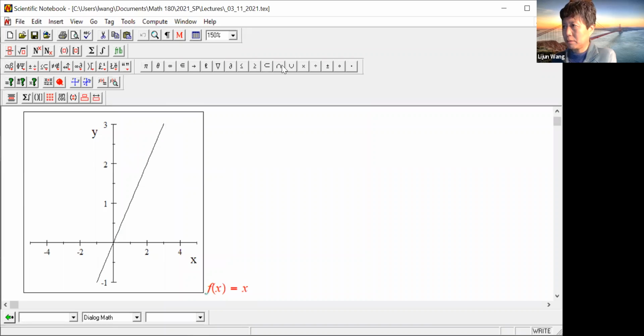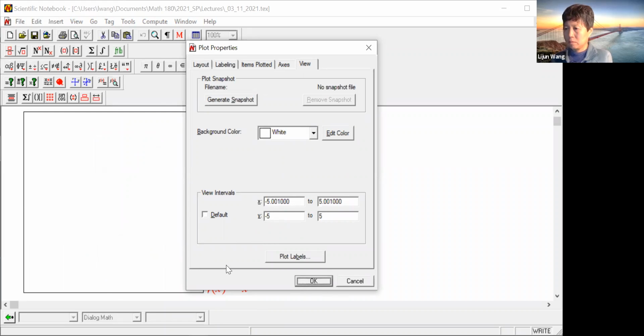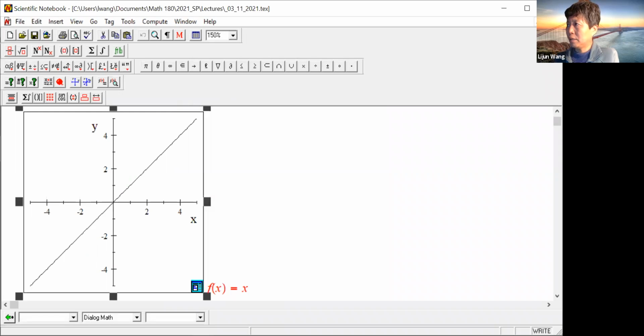Okay, so let me make some adjustment on the view. When inputs are opposite, well, this actually is implied whenever.